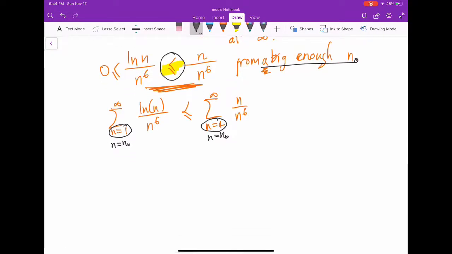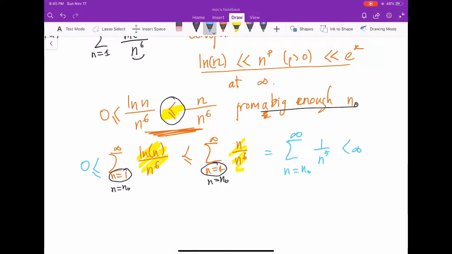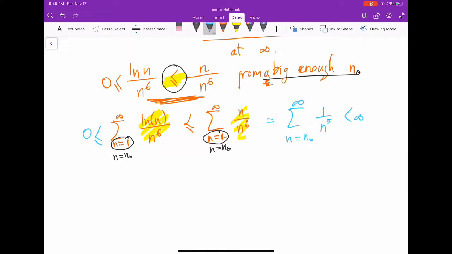So from n0, the original series is less than or equal to this one, and this is nothing but the sum from n0 of 1 over n to the 5th. And of course, this series converges. So the original series is greater than or equal to 0 and less than infinity. That means our series converges.